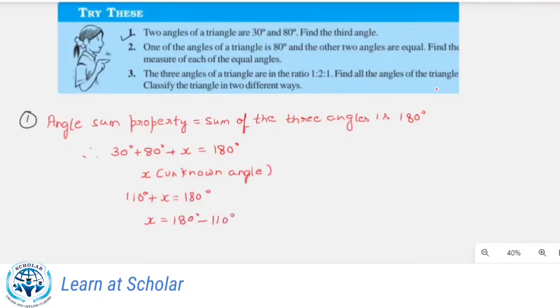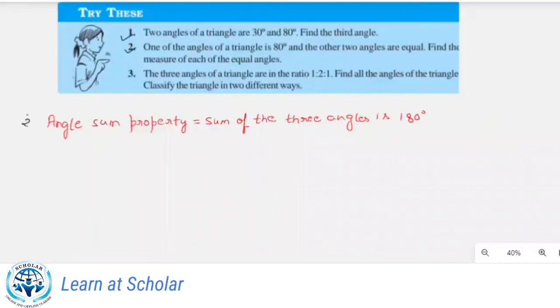The value of x will be 180 degree minus 110 degree is equal to 70 degree. Now the second one, one of the angles of a triangle is 80 degree and the other two angles are equal. That means we can assume that the other two angles are x and x. So we can write it as x plus 80 degree.